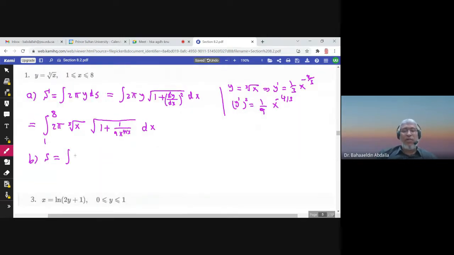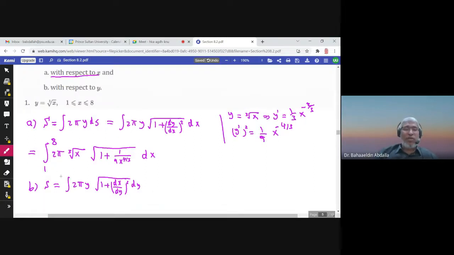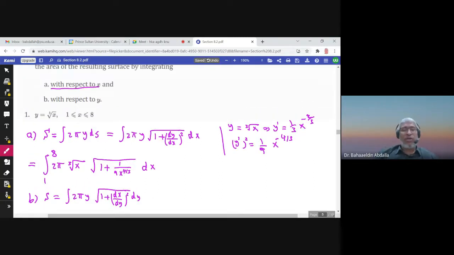So the integral would be 2 pi y as usual, but ds here would be in terms of y, dy. So I have the square root of 1 plus (dx/dy) squared. I need to understand where y runs from and to.